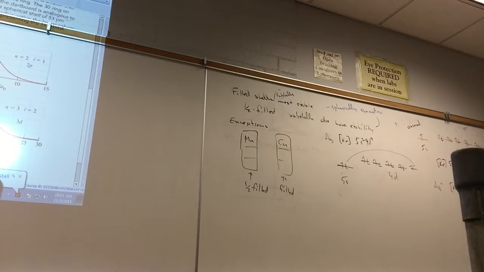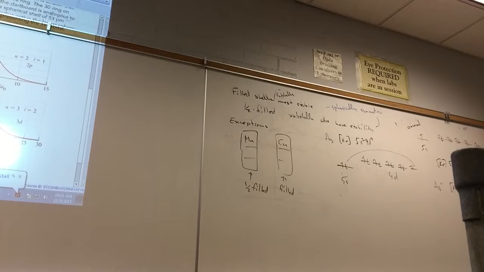Nickel, +2, +3. Titanium, if you look at titanium, you have argon 4s2, 3d2. And so what are some common charges for titanium? +2 and +4. You lose all those D's. Vanadium is interesting. +2, +3, +4, and +5 are the common oxidation states for vanadium.